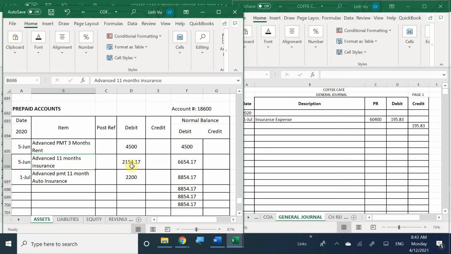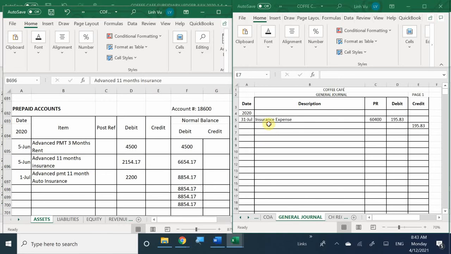Now I'm adjusting because I've used one of my months. I need to adjust this so it reflects that I still own 10 months left. So in this case, I'm taking it directly out of my prepaid accounts. Okay, and what account number is that?